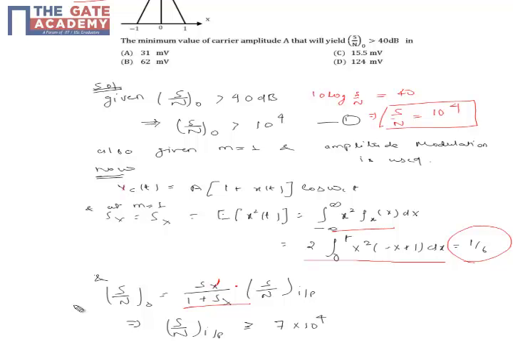This implies that our SNR at input must be greater than 7 into 10 raised to the power 4. To find this, simply put the value of S by N at the output as 10 raised to the power 4, S_x equal to 1 by 6 and S_lambda equal to 1 by 6, and find out the value of S by N at the input. We will get S by N at the input as 7 into 10 raised to the power 4.